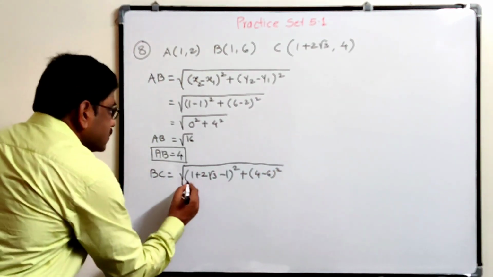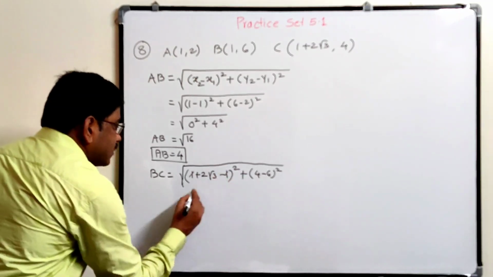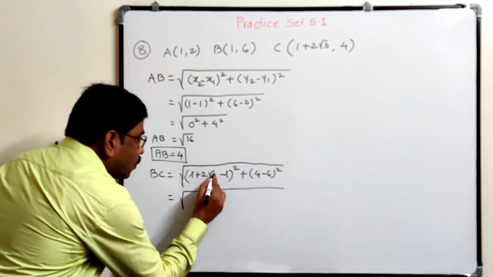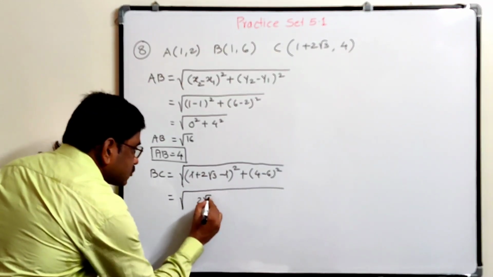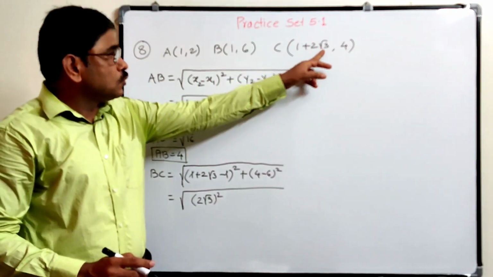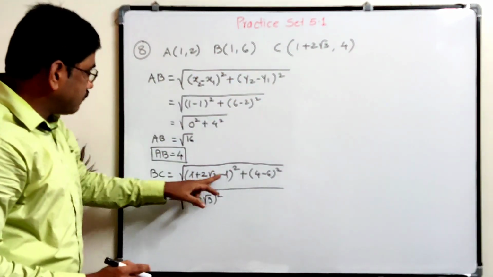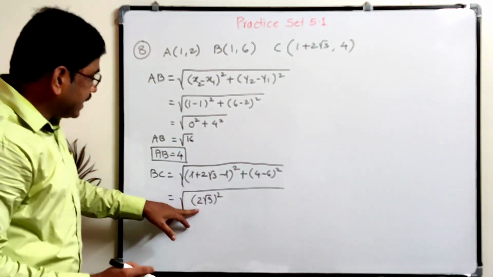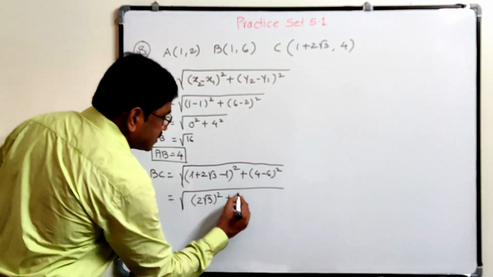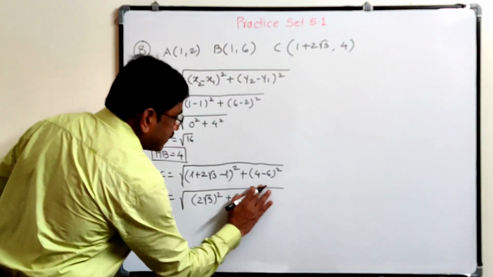Easy. So here this 1 and minus 1 get cancelled. We get 2 root 3 bracket square, and here plus 4 minus 6 means minus 2 bracket square.